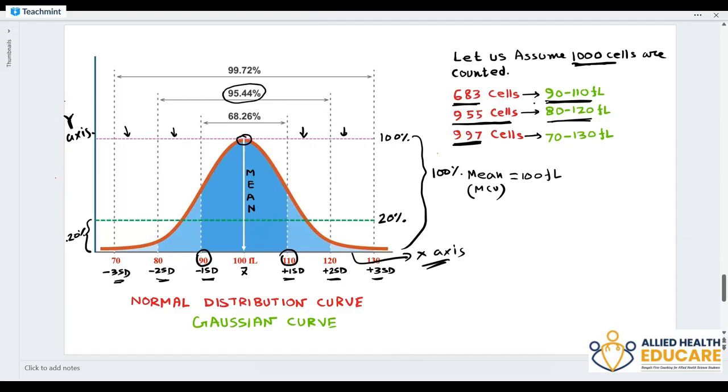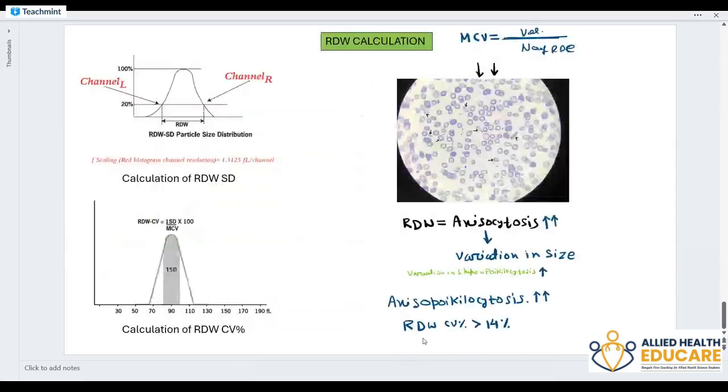Now move to the next slide. You will understand much better. This is the calculation. If you look very carefully at your CBC report, there are two parameters. One is RDW standard deviation SD, and another one is RDW CV percentage.